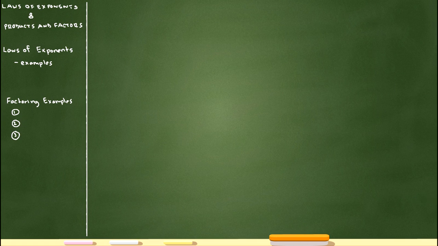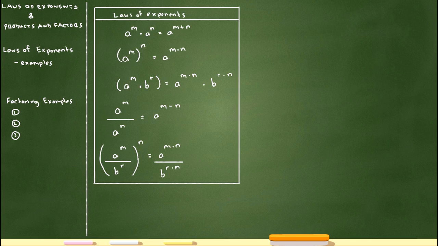So to begin, let's take a look at the laws of exponents here. Some of these have names, some of them don't, so sometimes I'll refer to these with their name. But the first law we have here is known as the product law. So if we have the product of two numbers with the same base, in this case the base here is a, when you multiply these two together, you're going to add the exponents.